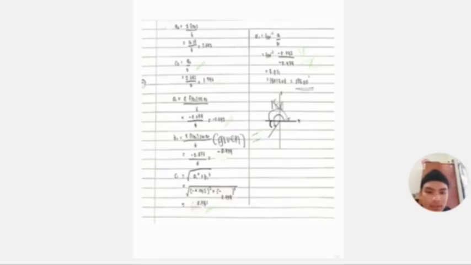If the angle is here, it must start from here x. So we must add 180, and we have the final answer like this. That's for A1, B1, C1, angle 1.